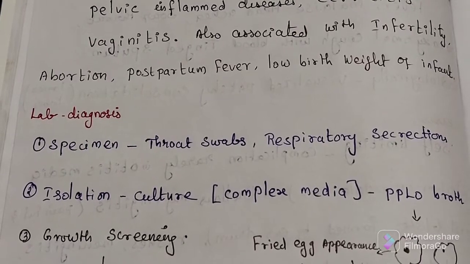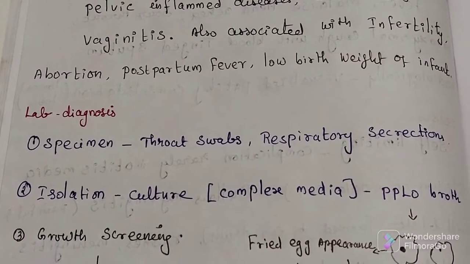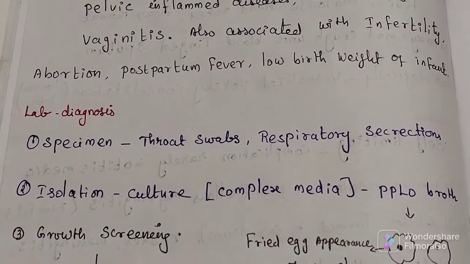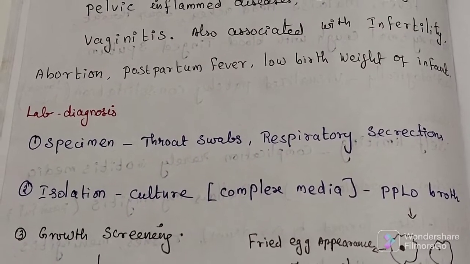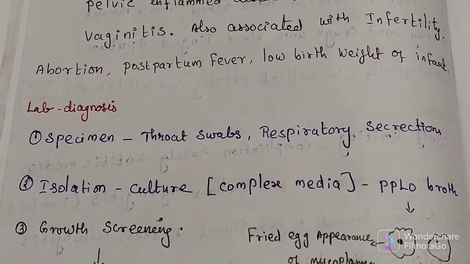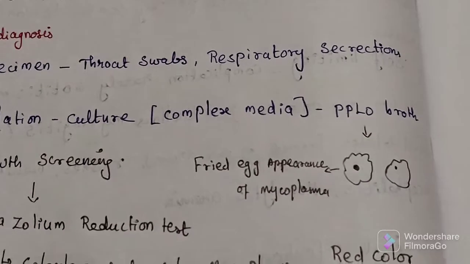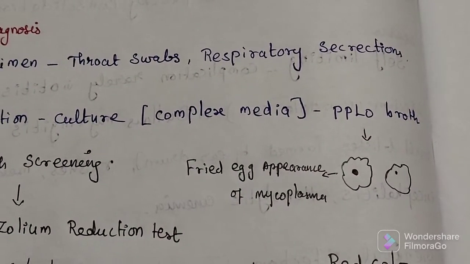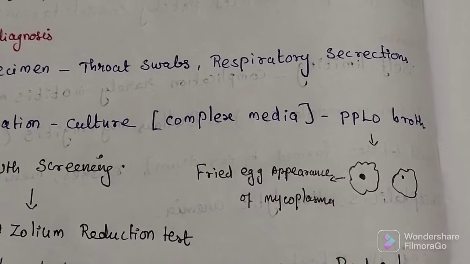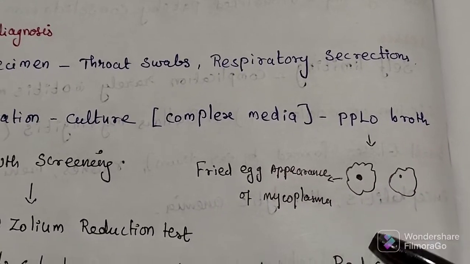Culture is done on complex media like PPLO broth, pneumonia-like organism, using solid and liquid media, in which the colony shows a fried egg appearance. That colony looks like a fried egg.